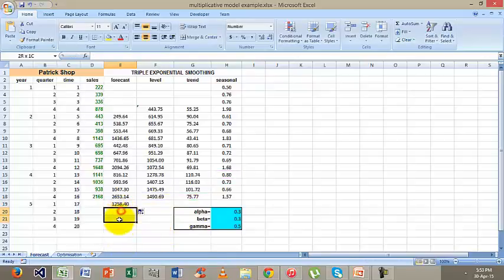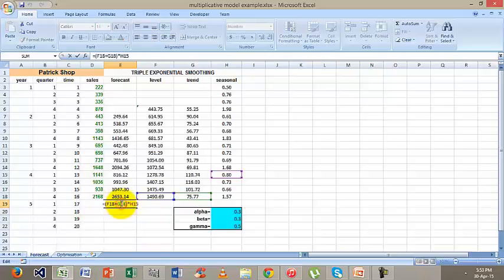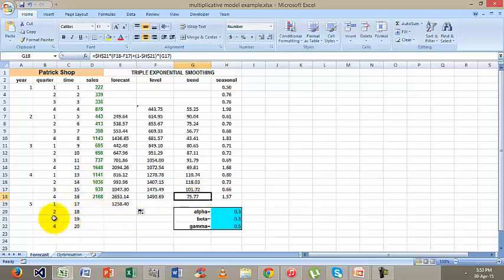Since at time 18, 19, and 20 there is no observation for level and trend that we can use to find the forecasted sales, we will use the same level and trend that we used to forecast the sales at time 17. And here we have to multiply our trend by the quarterly value.